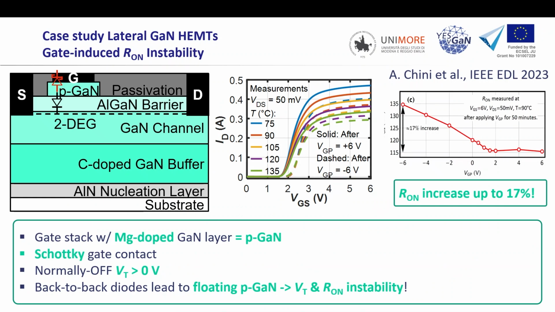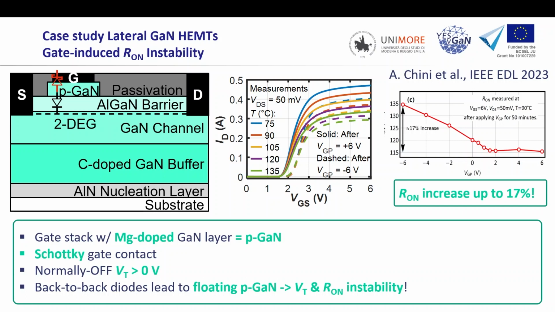Okay, so this is still the same devices as previously, the p-GaN, but we were looking into another aspect of gate stress. I mentioned that when you use gate stress conditions, either positive or negative, you do that to focus on the threshold voltage shift.